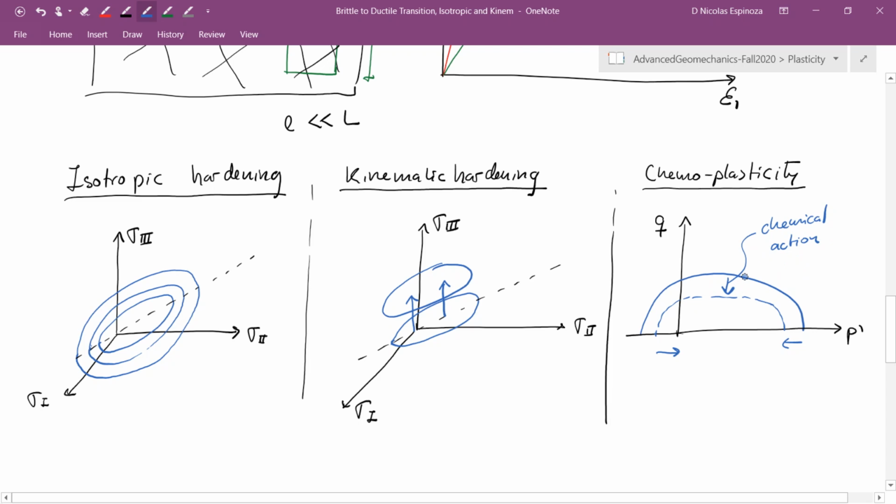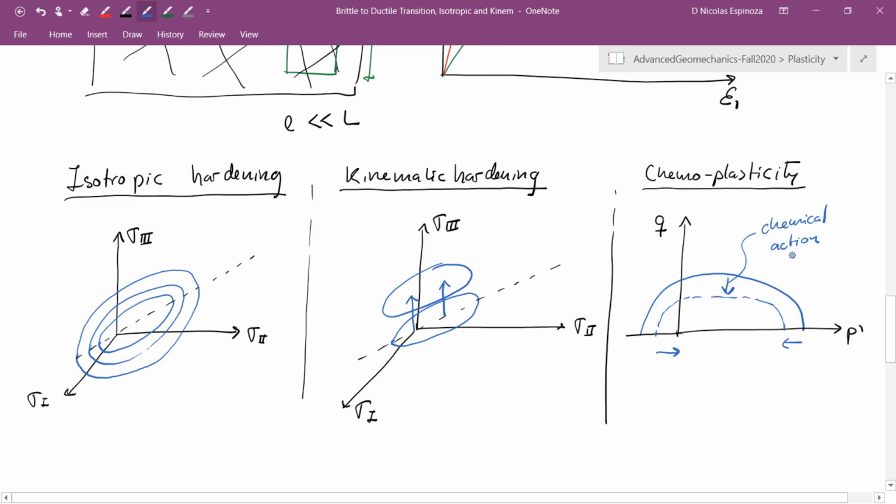An example of this is the case of mineral dissolution. When we have a carbonate rock and we perform acidizing, the porosity of the rock gets larger, and also the strength decreases and the stiffness decreases too. Another example is hydrate-bearing sediments.